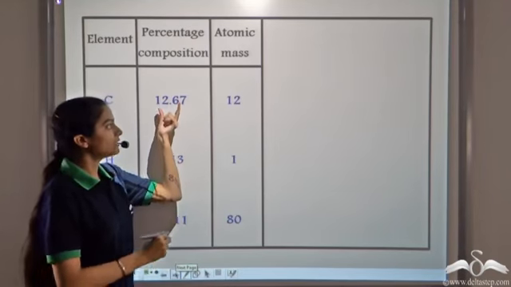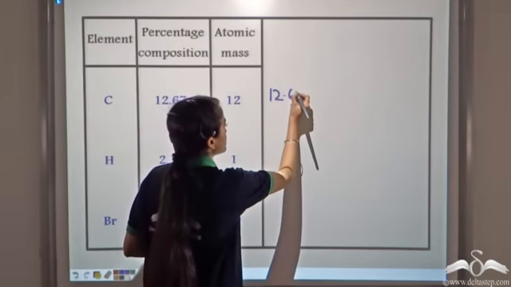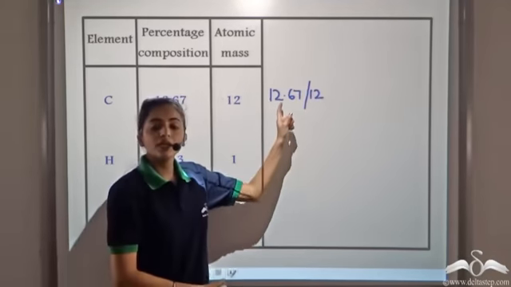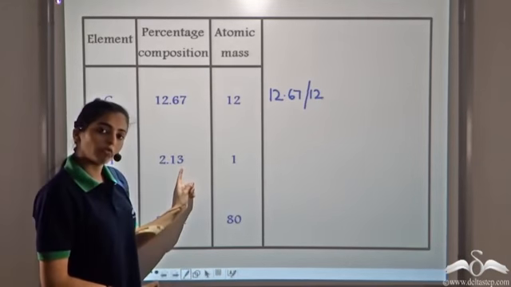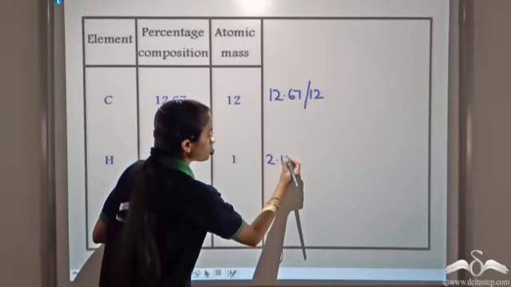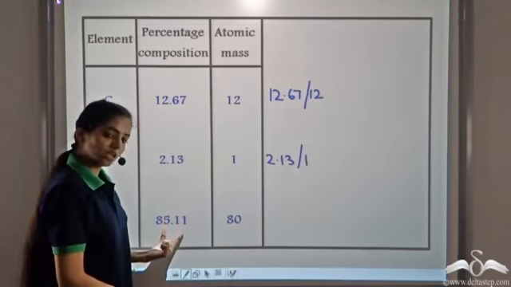So when we divide this number, that is 12.67, which is its percentage composition, by its atomic mass, we get its atomic ratio. Similarly, to get the atomic ratio of hydrogen, we divide its percentage composition by its atomic mass. Similarly for bromine.